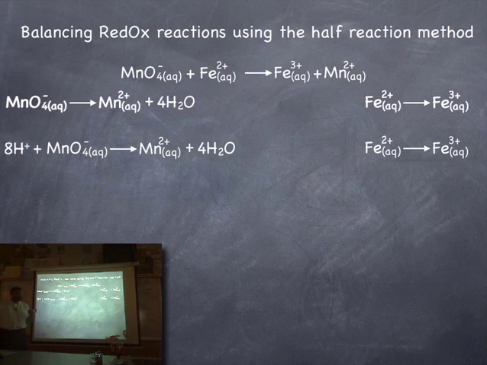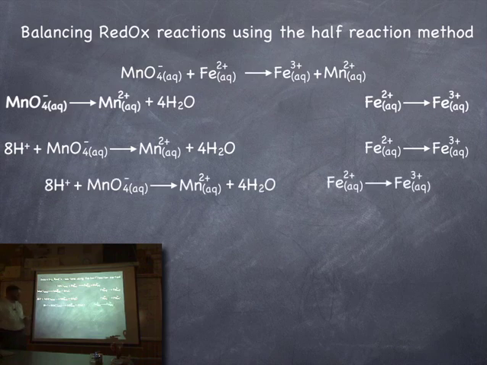Now I'm at the point where I've balanced all the atoms. But these equations are still not balanced yet, because I have a lot of charge differences. I have to balance the charges. So I'm going to take these two reactions and ask, what is the total charge on this right-hand side if I added up all the different ions?